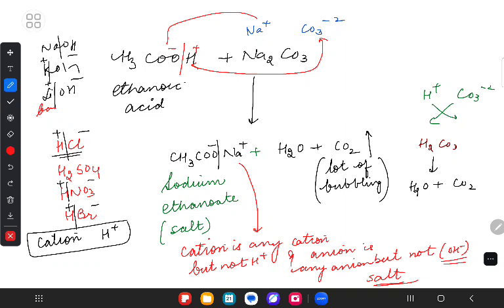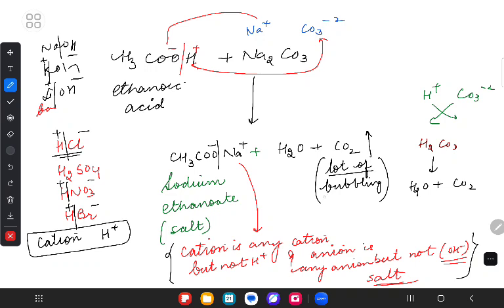Do you understand? That compound is a salt. Understood the point or not? So obviously this is a salt.